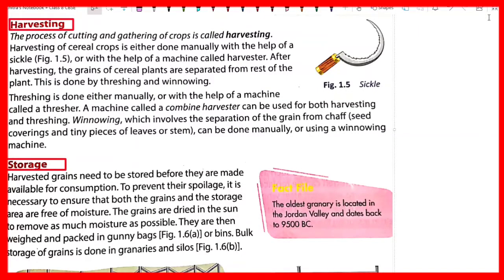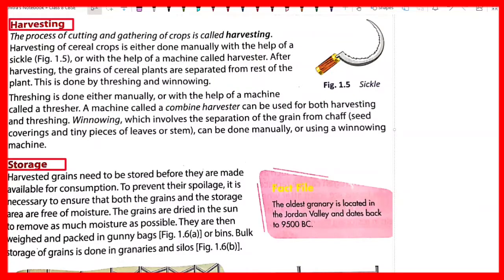Then in the second step we covered the selection of seed and sowing of seed. After that, we covered irrigation, in which we covered two methods, the traditional and the modern method. And we also covered how to take care of the crop. Today we are going to cover the harvesting and the storage of seed.